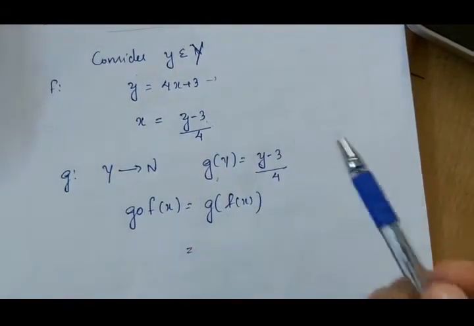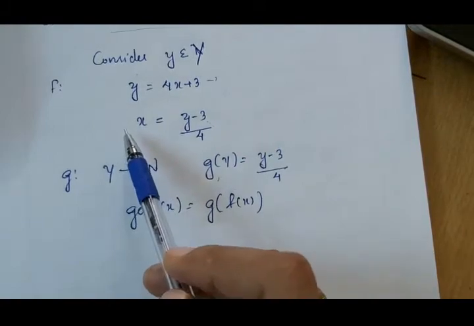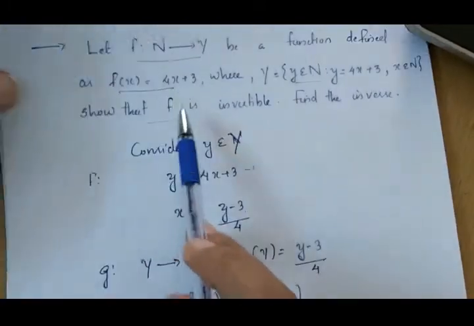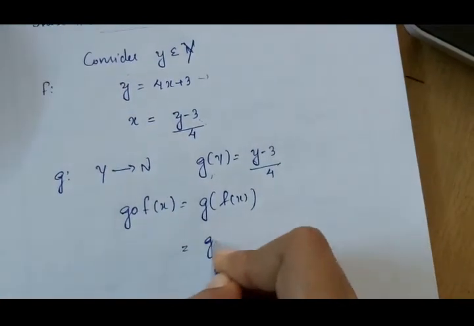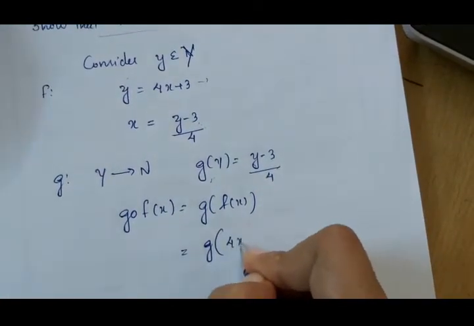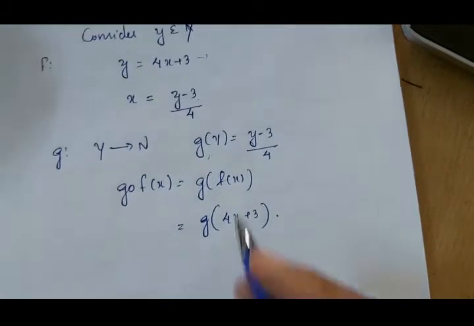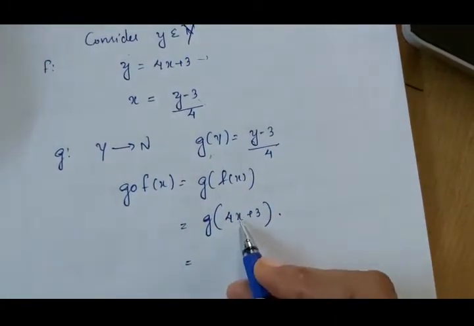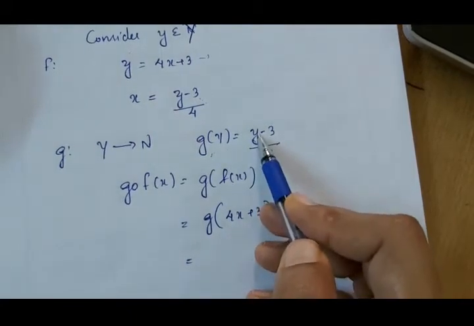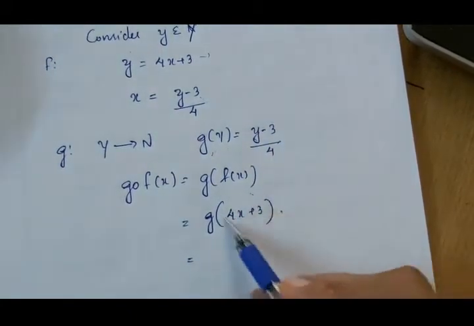F of x is equal to 4x plus 3. So g of 4x plus 3: we have to substitute the y value with this value.